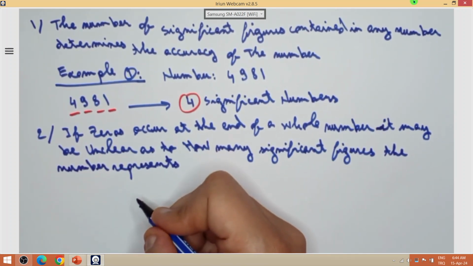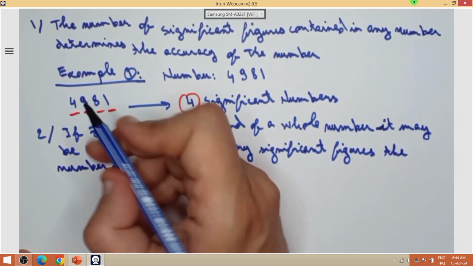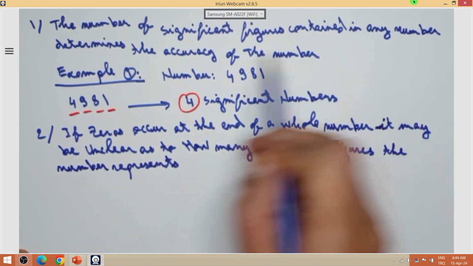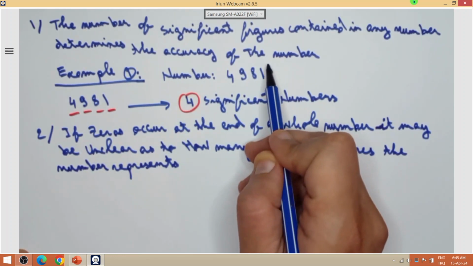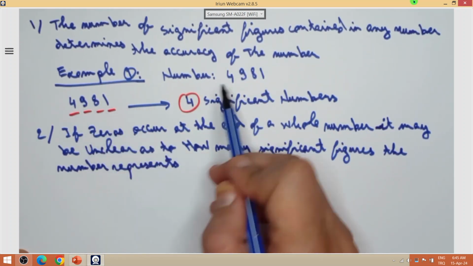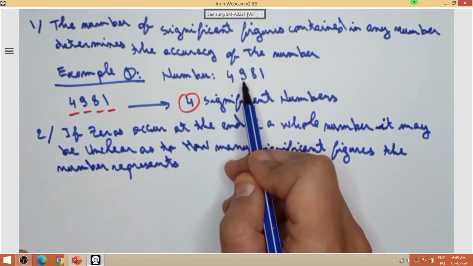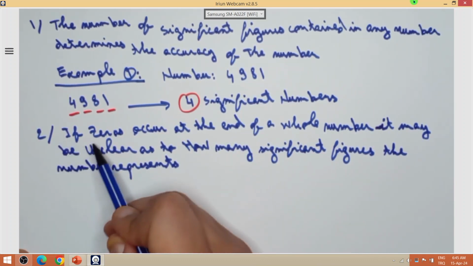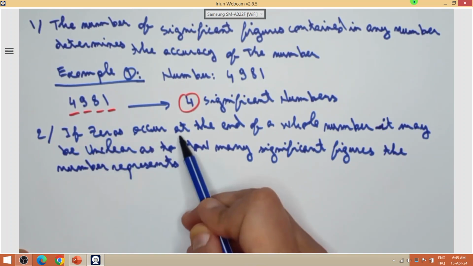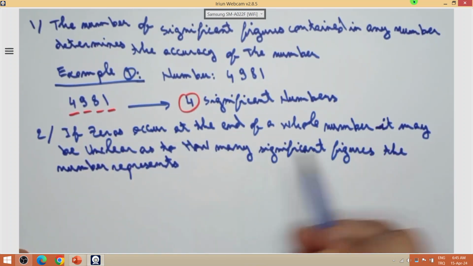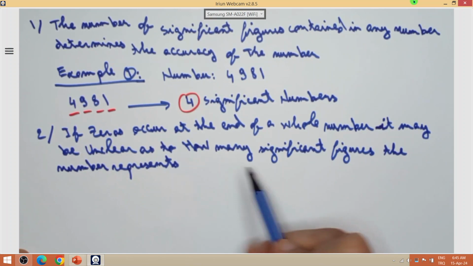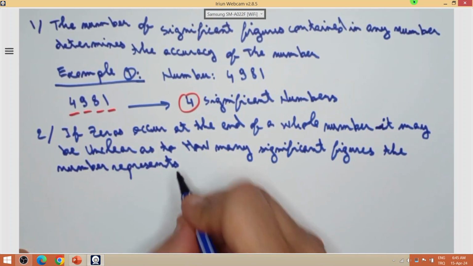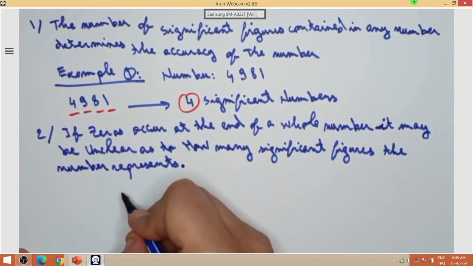So in note 1 we have seen that the number of significant figures contained in any number determines the accuracy of the number, and we have seen an example, the example of 4981. In note 2 we can say that if zeros occur at the end of a whole number, it may be unclear as to how many significant figures the number represents. And we will see an example to understand that.